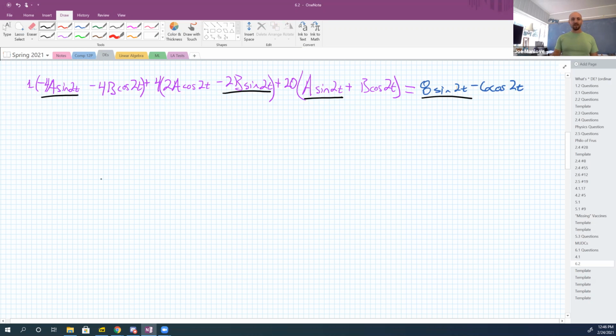You see that? So I'm just going to collect those coefficients. So I've got minus 4a here. Then I've got a minus 8b here. That's from this guy. So that was thing 1, thing 2, and plus 20a. That is thing 3. And this is equal to 8.